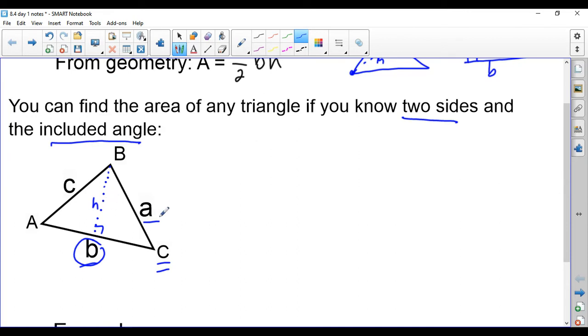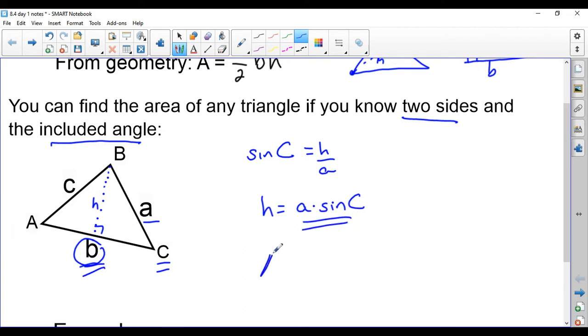I can find H if I know A and C, because if I look at this small triangle, it is a right triangle with angle C that is opposite of the leg H and the hypotenuse A. So the sine of angle C would equal the opposite leg over the hypotenuse. In other words, that height H would be equal to A times the sine of C. So my base is B and my height is A sine C.